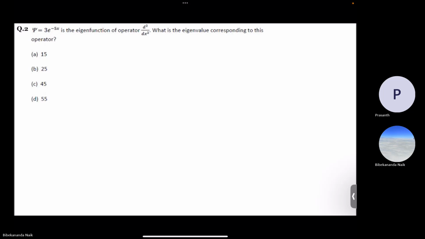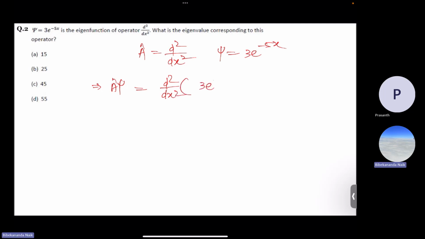Okay, so again, we'll solve. It will be pretty much similar to the previous question. Here, this operator has the form d square by dx square, and the wave function psi is 3 e to the power minus 5x. So when we operate the operator on the wave function, it will be d square by dx square of 3 e to the power minus 5x.